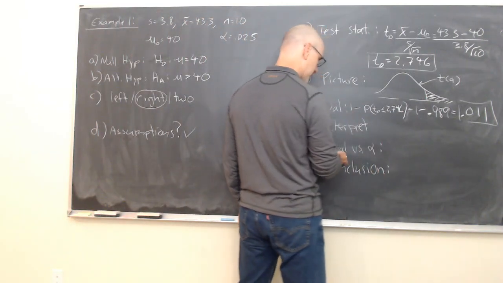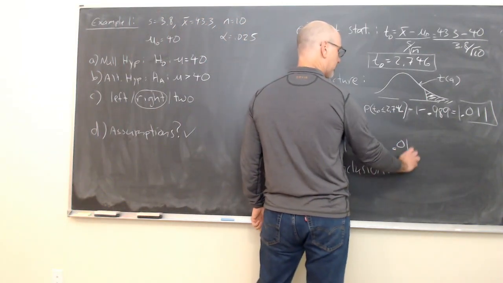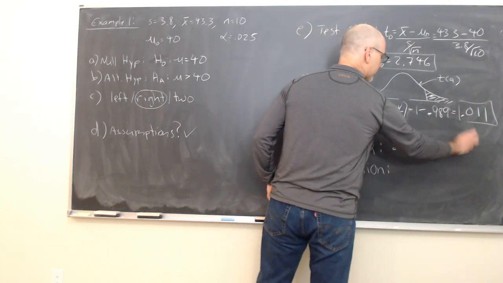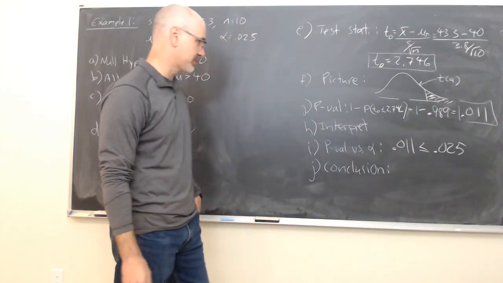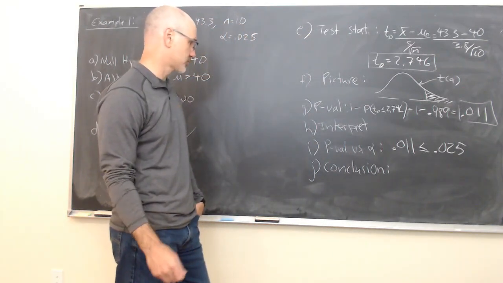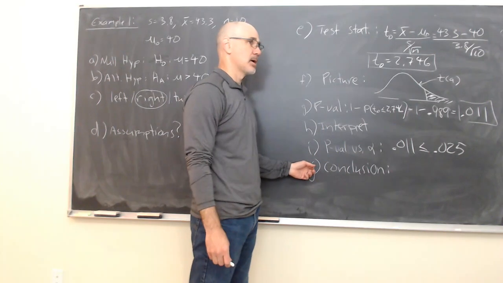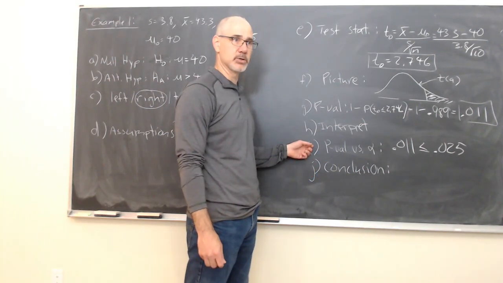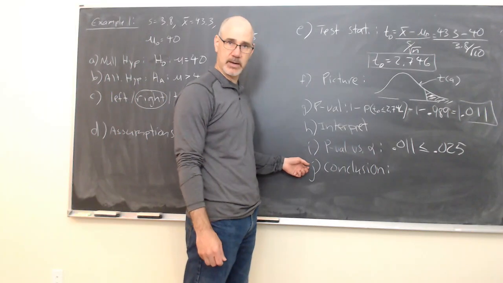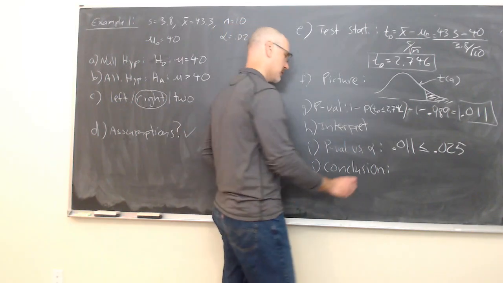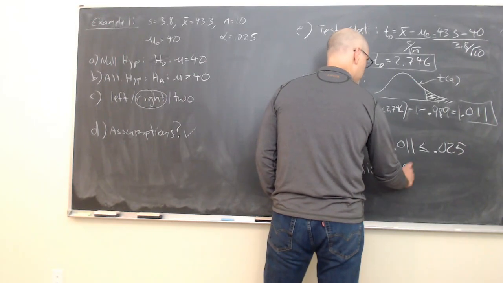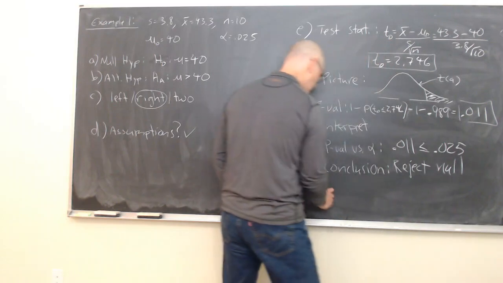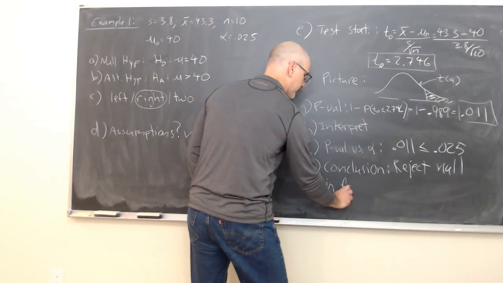So if we check the p-value against alpha, we see 0.011 is less than or equal to 0.025. So less than a 2.5% chance of our results if the null is true. And that means we shouldn't believe the null. Right? If the null was true, these are really unusual results. So that casts doubt on the assumption of the null. So we're going to reject it in favor of the alternative.